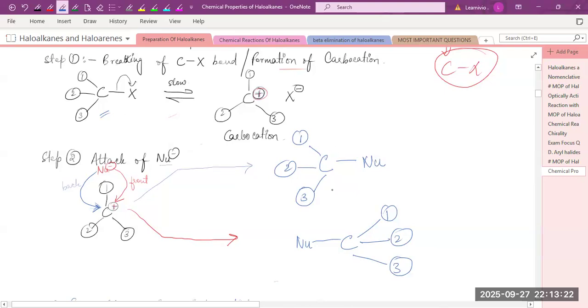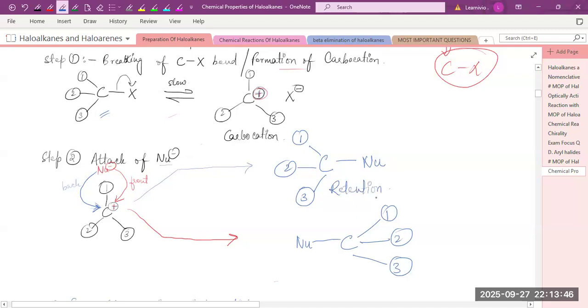Which one is the same? The first one. When the nucleophile attacks from the front side, the orientation of the groups in the molecule will be the same. So this product is known as the retention product. What is retention?